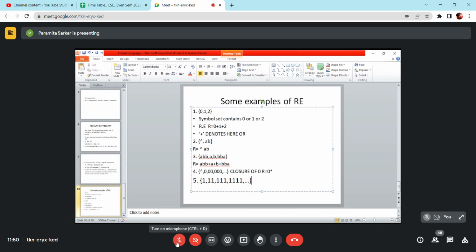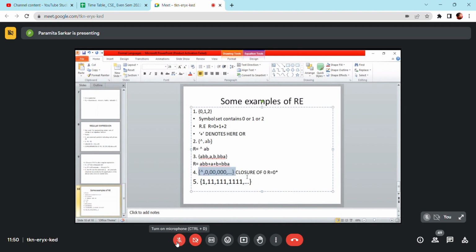Here we can use any number of 1s. It looks like closure of 1, isn't it? But there is a difference.